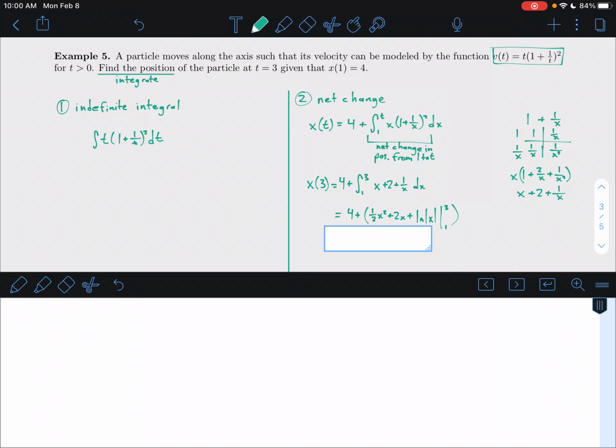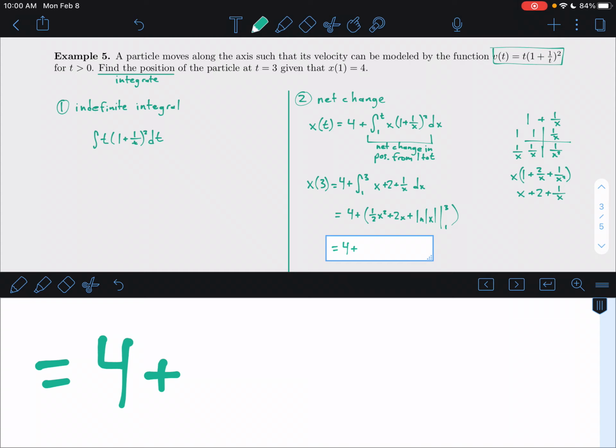So I'm just going to plug in 3, plug in 1, subtract them. So I'm going to have 4 plus, if I plug in 3, I'm going to have 9/2. I'll put this all in parentheses. 9/2, and then 2 times 3 is plus 6, plus the natural log of 3.